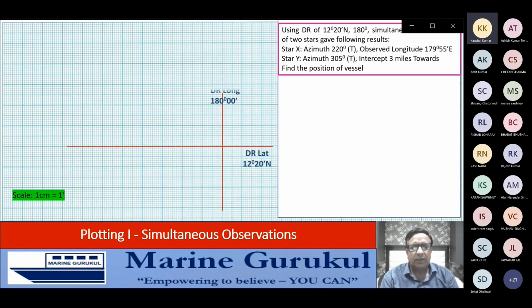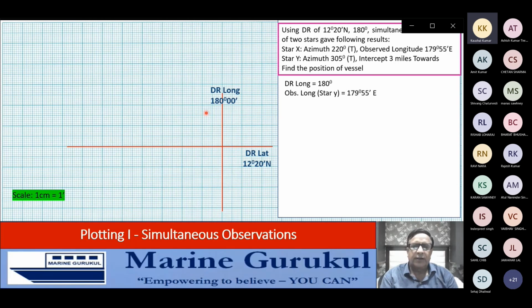We can see on the graph, we have drawn DR lat and DR long and assumed a scale here. Obviously, these have been placed keeping the question in mind, so that other meridians and parallels of latitude, if required to be plotted, have enough space on the graph. Now, DR long is 180 degrees. Observed long by solving the star X sight is 179 55 minutes east.